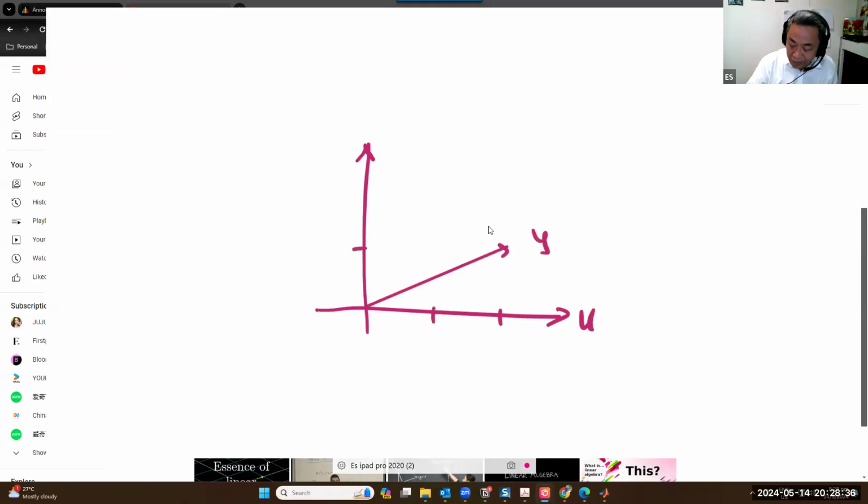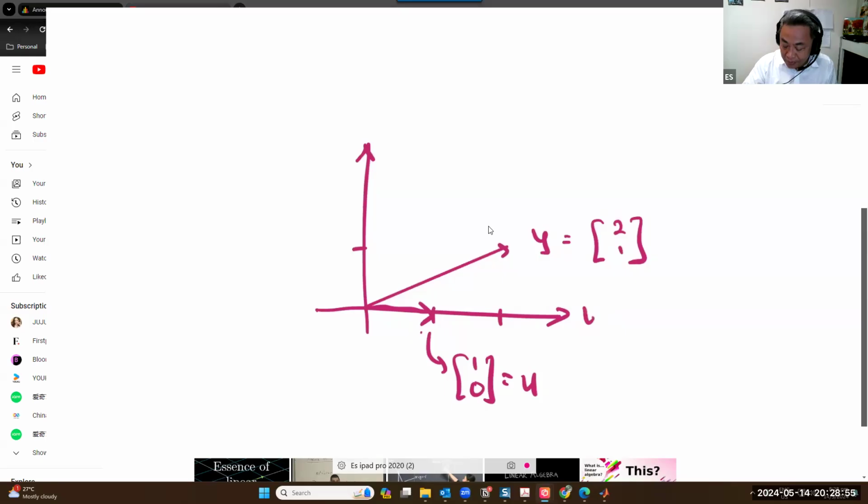So what is y? 2, 1, right? Agree? And this is u. Sorry, u is 1, 0. Agree so far? This is the x-axis. This is the y-axis. Okay, Montiano? All right.